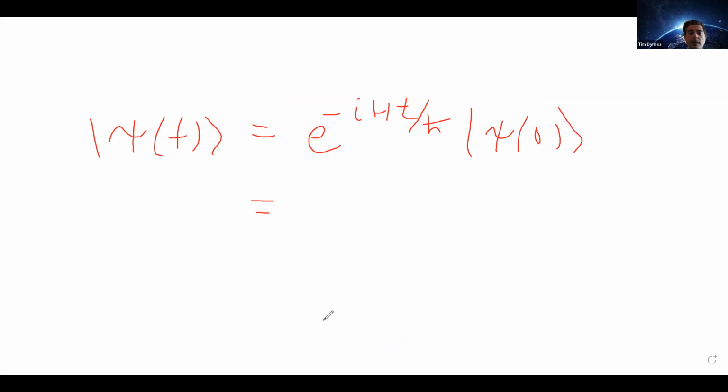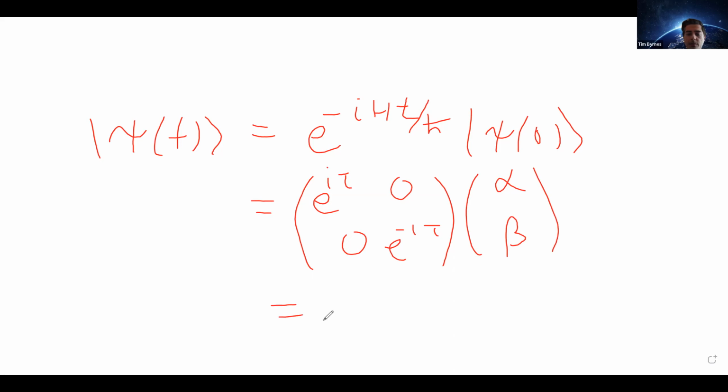We eventually worked out that this matrix is just e to the i tau, e to the minus i tau, 0, 0. The initial state is alpha, beta.